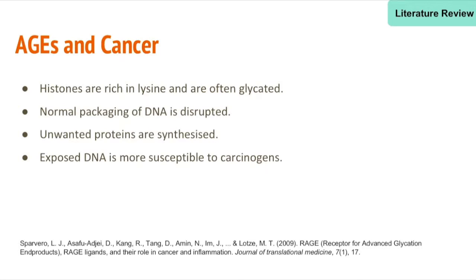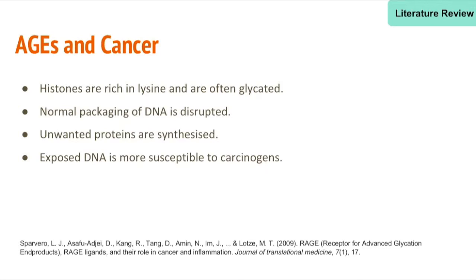Also, AGEs affect our DNA. Histones are rich in lysine and are often glycated to form CML. The normal packaging of DNA is disrupted, and DNA is no longer tightly bound to histones with glycated lysine. Thus, DNA is more exposed to several transcription factors, which can result in the synthesis of unwanted proteins.